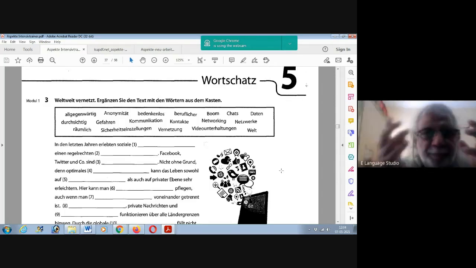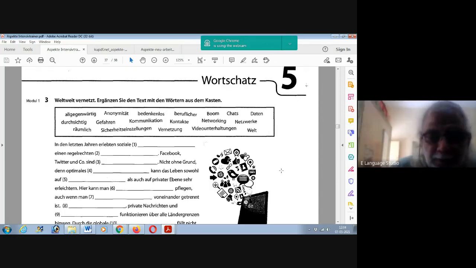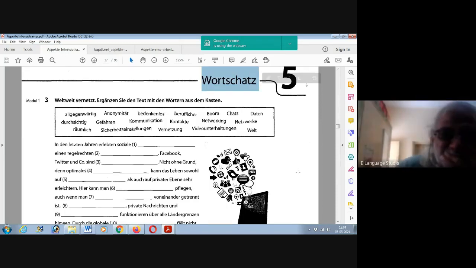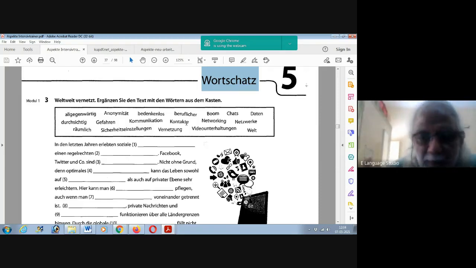So learn these simple words and they could be useful in your chatting, conversation. As you see here, it says Workshops. Das kann man auch als einzelne Wörter lernen, individual words. Was bedeutet das Wort, was ist das und so weiter. But then the point of usage will be lost.